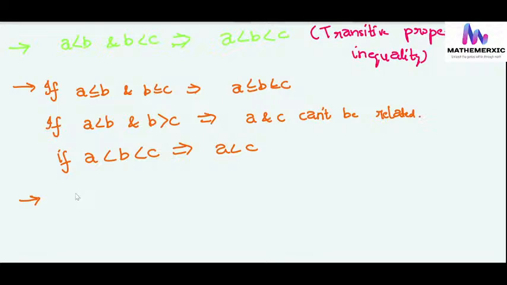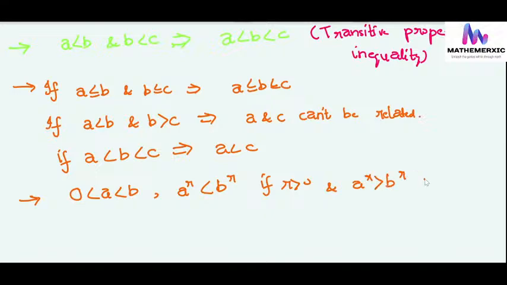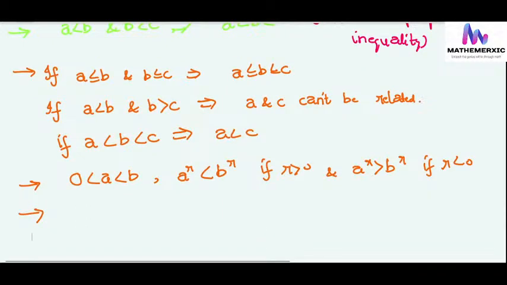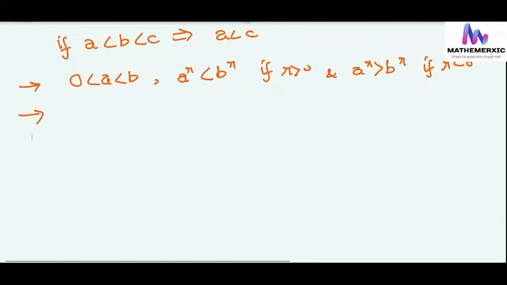Further, A is greater than 0 and less than B, then A to the power of R is less than B to the power of R if R is greater than 0, and A to the power of R is greater than B to the power of R if R is less than 0. This will follow.